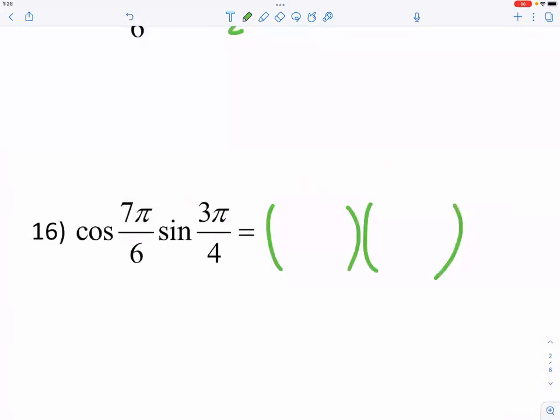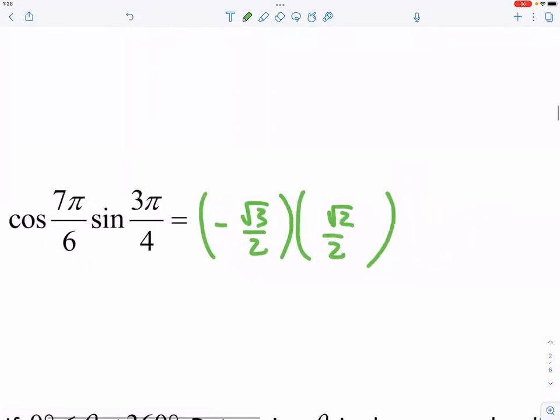Cosine of 7 pi over 6 is negative root 3 over 2. And sine of 3 pi over 4 is root 2 over 2. Then just go ahead and multiply. You have negative root 6 over 4.